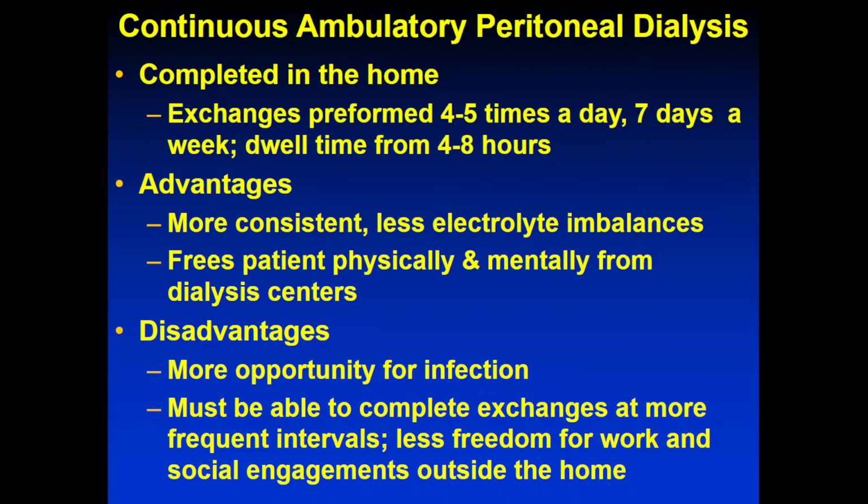The advantage is not so significant, but it's more consistent, with less electrolyte imbalance, and frees the patient physically and mentally from the dialysis center. But what are the disadvantages? More opportunity for infection, the patient must be able to complete exchanges at more frequent intervals, and there is less freedom for work and social engagement outside the home.